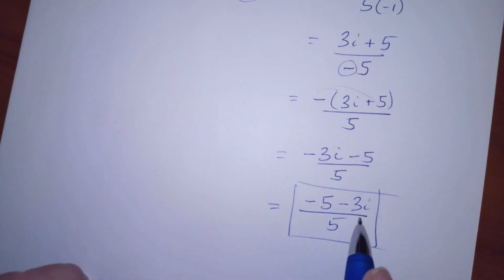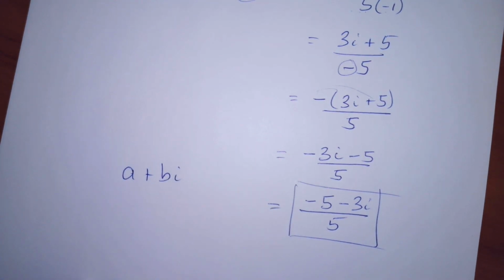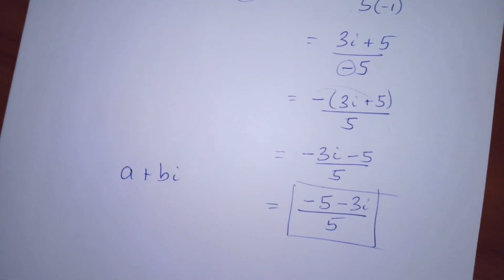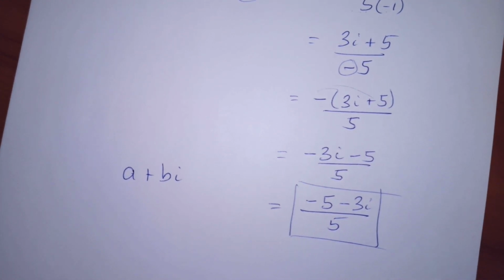The reason we'd like to rewrite like this, because remember, imaginary numbers, or complex numbers, are written like that. So whenever you have an i, it always comes behind. So whenever you have exponents with i's, things change.